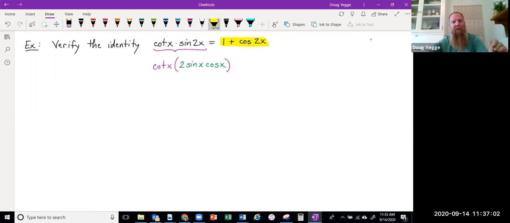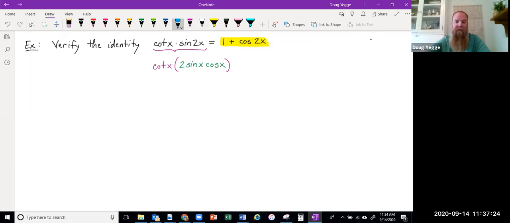So it might seem a little peculiar to change the double angle over here since I end with a double angle. But I'm going to guess that by doing this process over on the left side, I'm going to be able to get something that involves the double angle formula for cosine, so I'll be able to recognize that later.